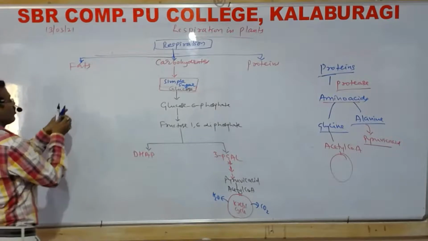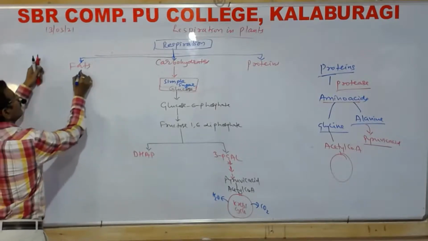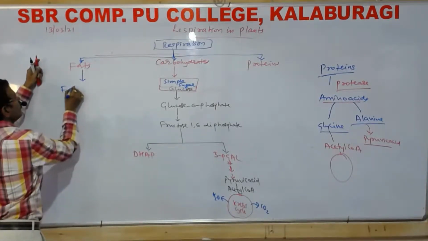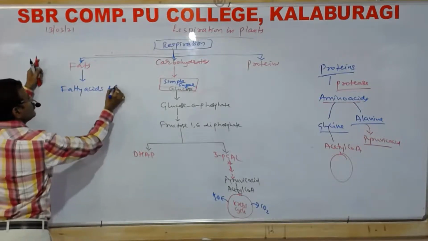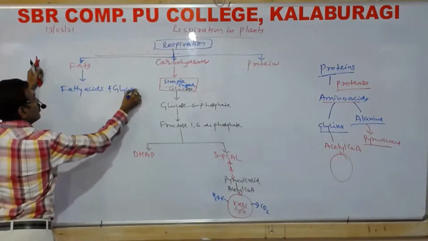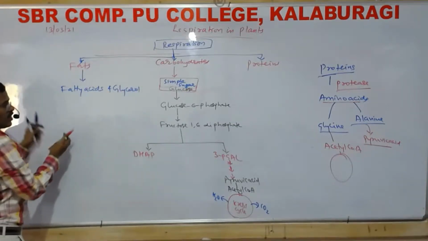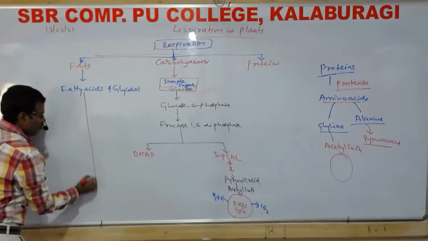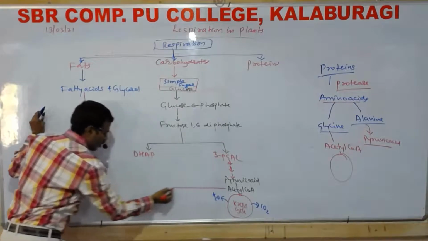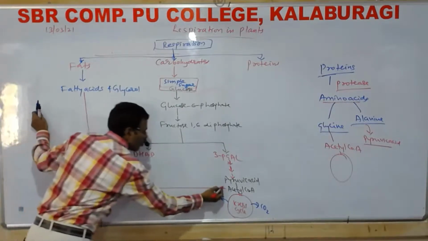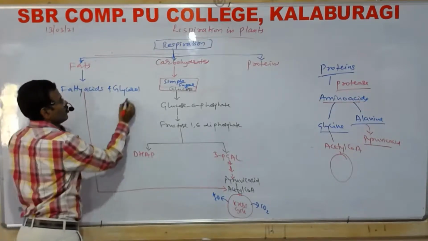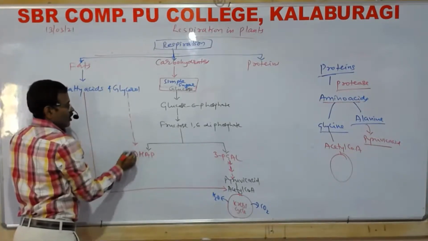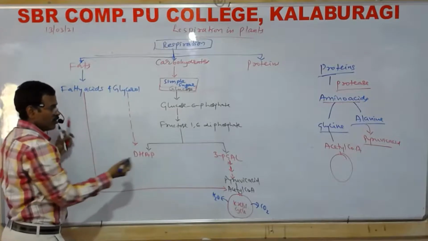Now fats can also be used. So these fats are converted into fatty acids and glycerol. This fatty acid usually is converted into acetyl coenzyme.